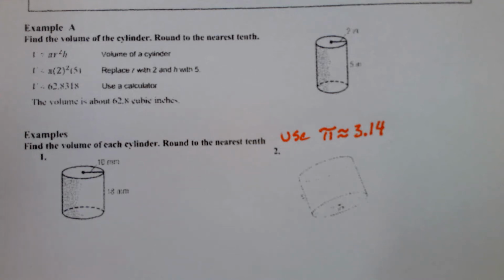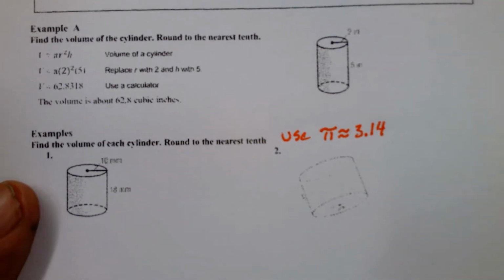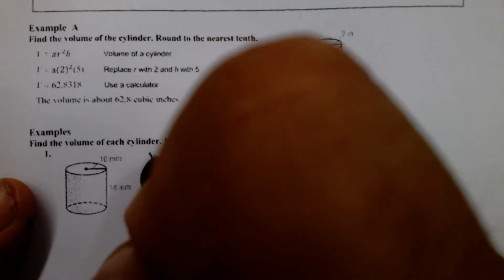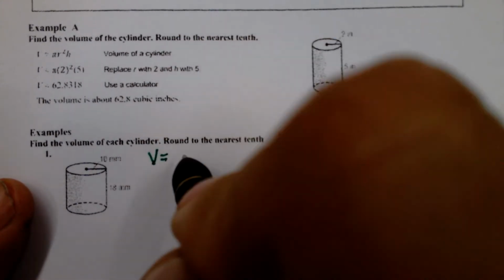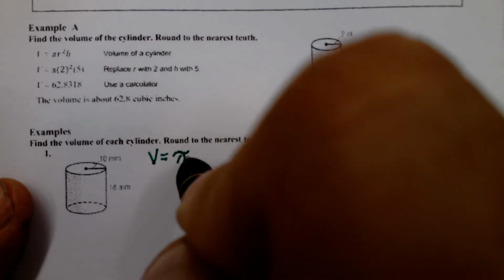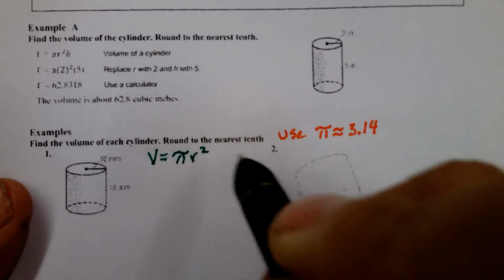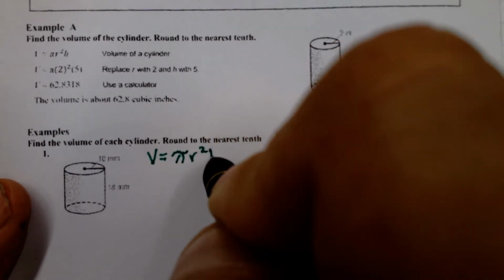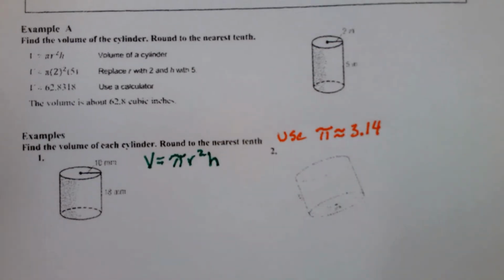So let's begin. We're going to need to find the volume. And the formula we have is the base of a circle, pi times radius squared, and we multiply that times the height of the cylinder. And those are the values we need. We need a radius and we need a height. Let's see if we have those.